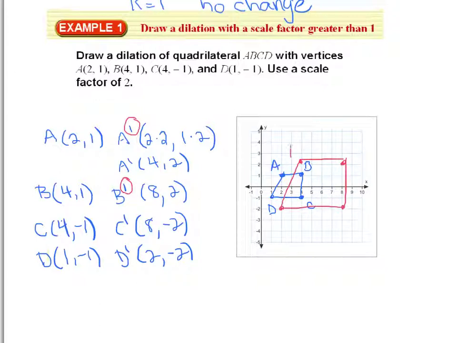So that red image, A prime, B prime, C prime, D prime, is the resulting figure. So that is the new figure, which has a k of 2 over 1. Notice how it's bigger, which should always be true if your k is greater than 1.